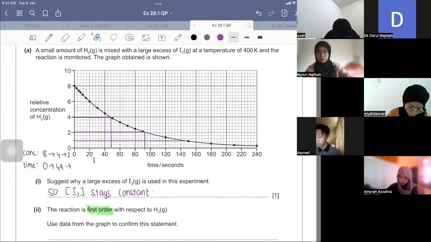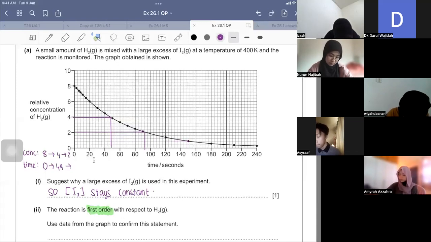So 1, and then maybe here. That looks like just below 150, 149.